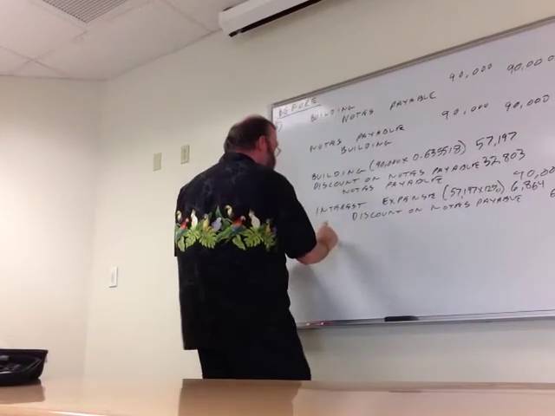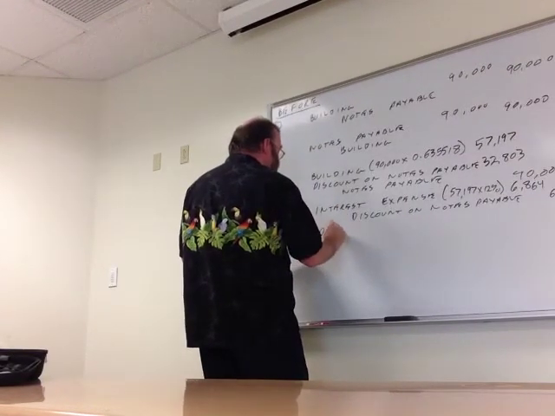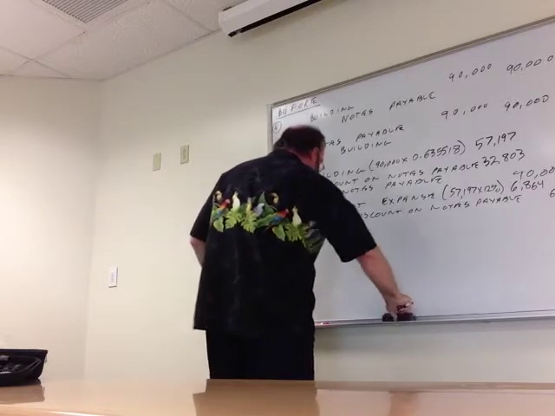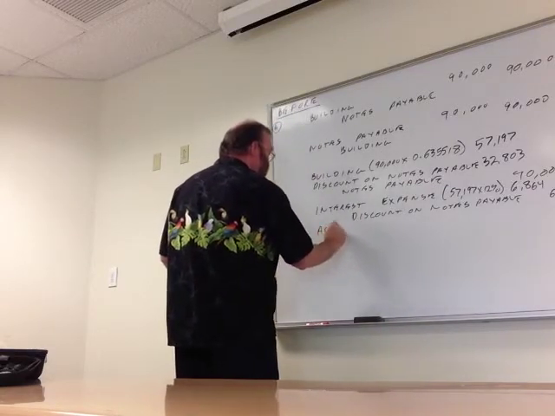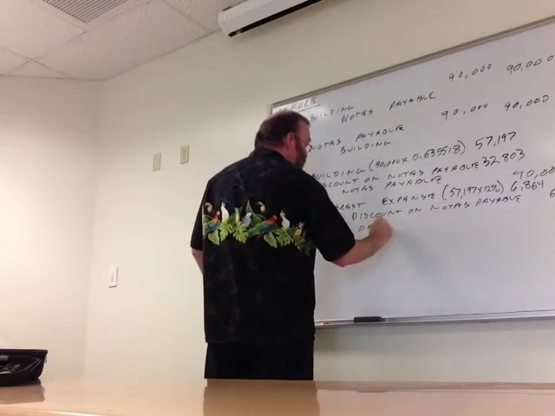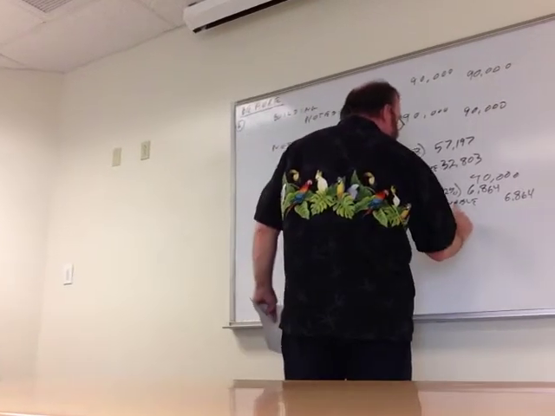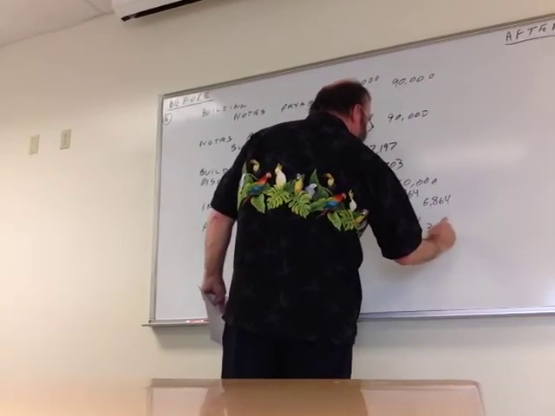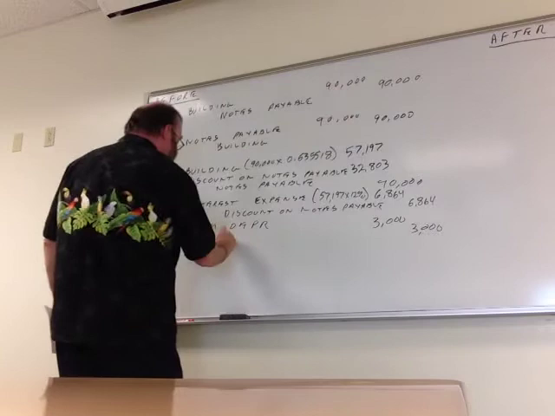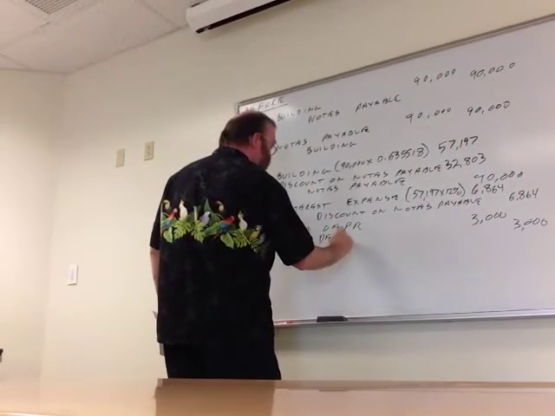The correct entry should have been, well, here, I'll write both of them. I got room. Accumulated depreciation is 3,000, removing that, and then depreciation expense.